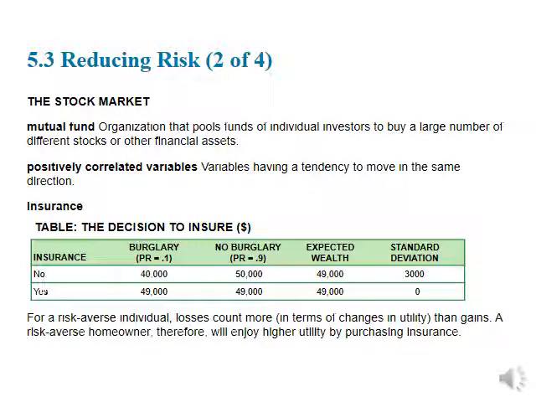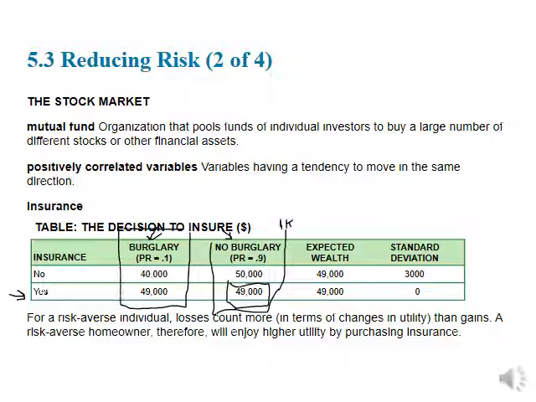What insurance does is in both states of the world, burglary and no burglary, you pay some amount, in this case, $1,000. So if there's no burglary, you're paying $1,000 to the insurance company, and you're worth $49,000.